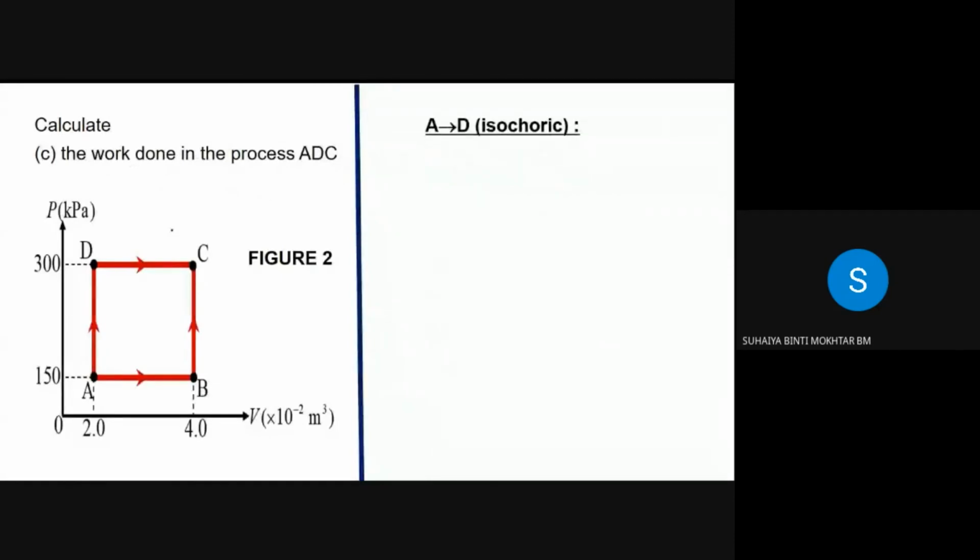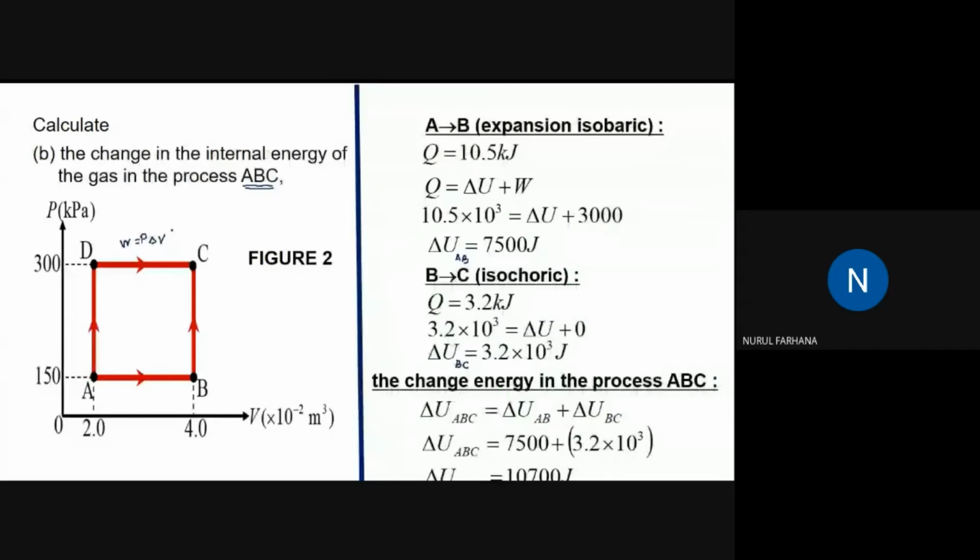Isochoric AD. Then, Madam, here. Siapa? Yang soalan B tadi kan? Kan Madam cari internal energy untuk proses AB lepas tu baru BC kan? Saya terus kira untuk ABC terus tak boleh kan Madam? Boleh je.